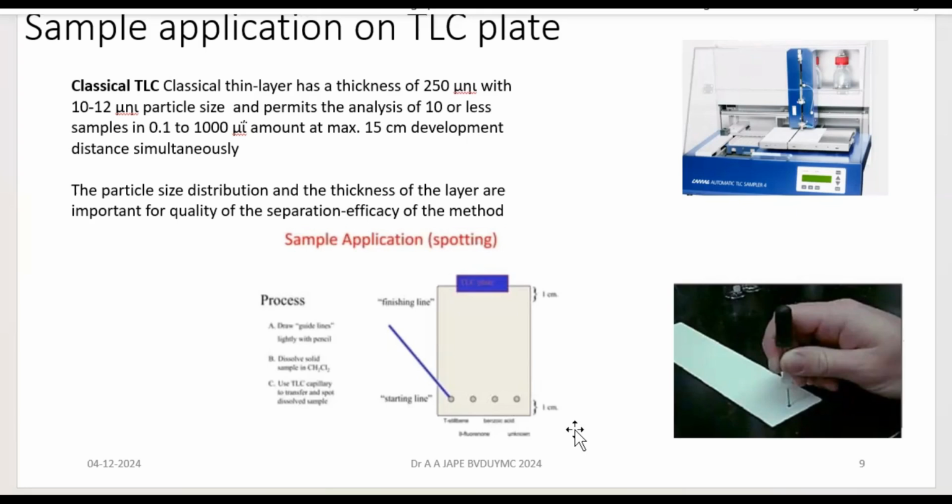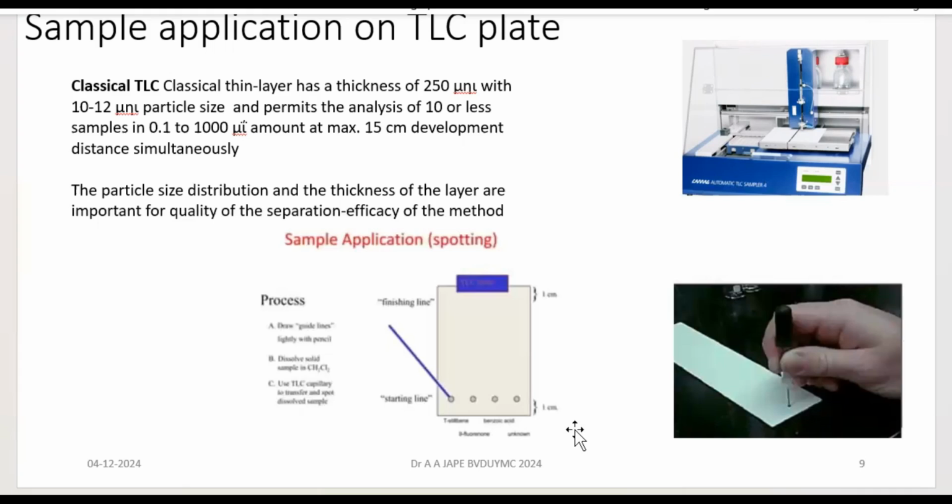The solvent may be removed from the spot. That is very necessary, because many a time the solvent system used to solubilize the analyte and the solvent system that is present in the mobile phase are different. If the two get mixed, then the efficacy is going to get affected, and there will be interference in the running of the system.